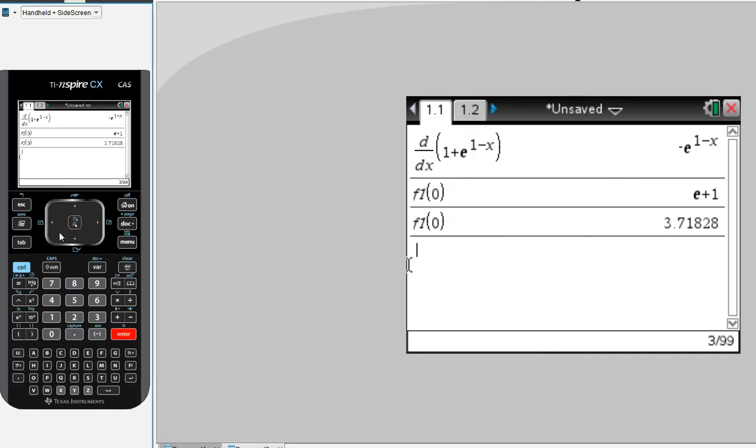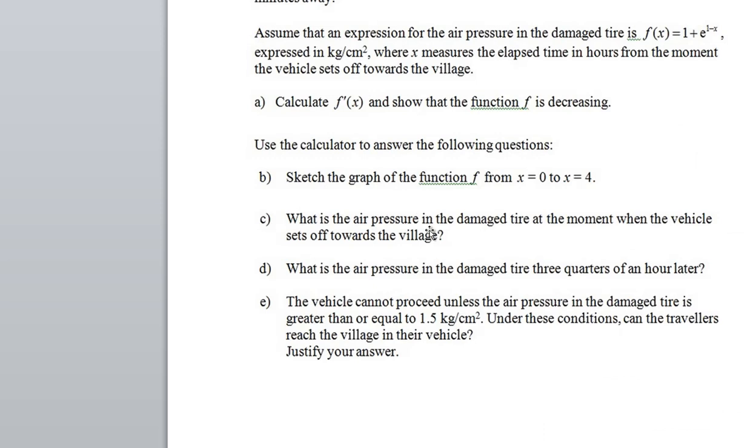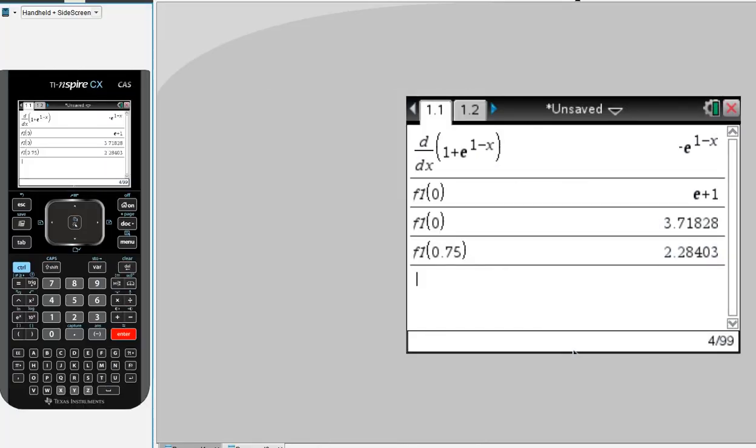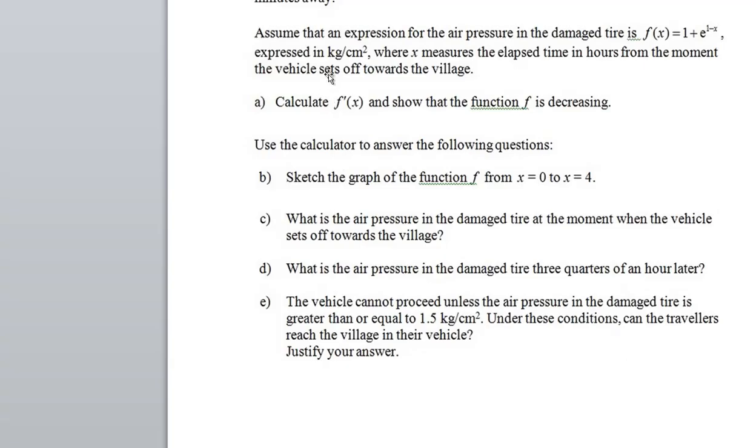So instead of putting 0, we put 0.75. And now we have 2.28. So the air pressure after 45 minutes would be 2.28 kilograms per centimeter squared.